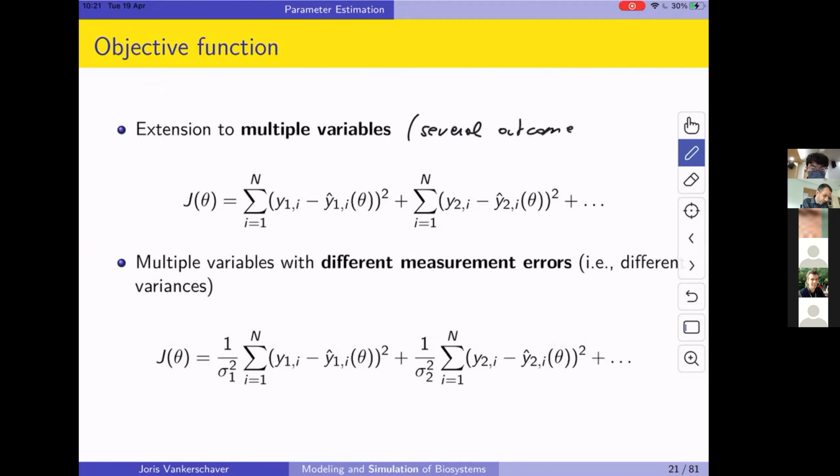We want to strike a balance between a model that can fit all of these outcomes for the same parameters. Then in our objective function we can add a sum term for each individual outcome: outcome 1, outcome 2, and so on.